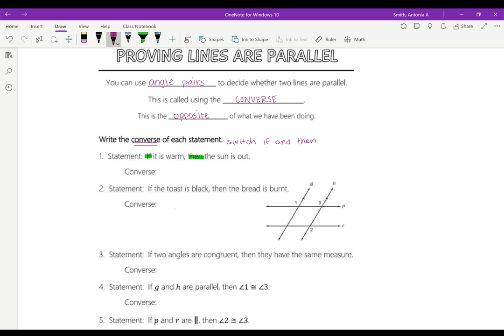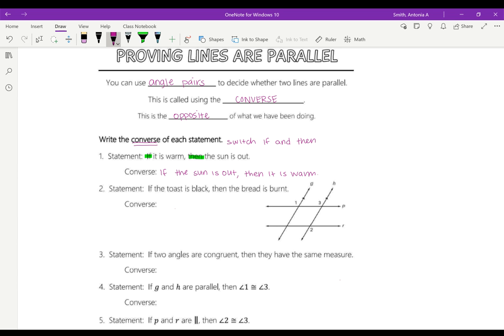So instead of saying if it is warm, then the sun is out, I'm going to say if the sun is out, then it is warm. And that's the converse.